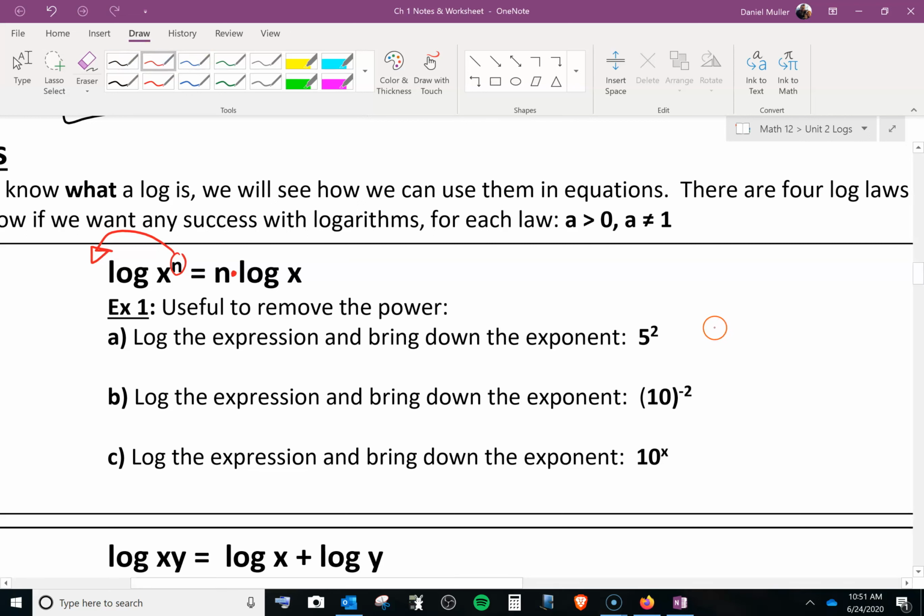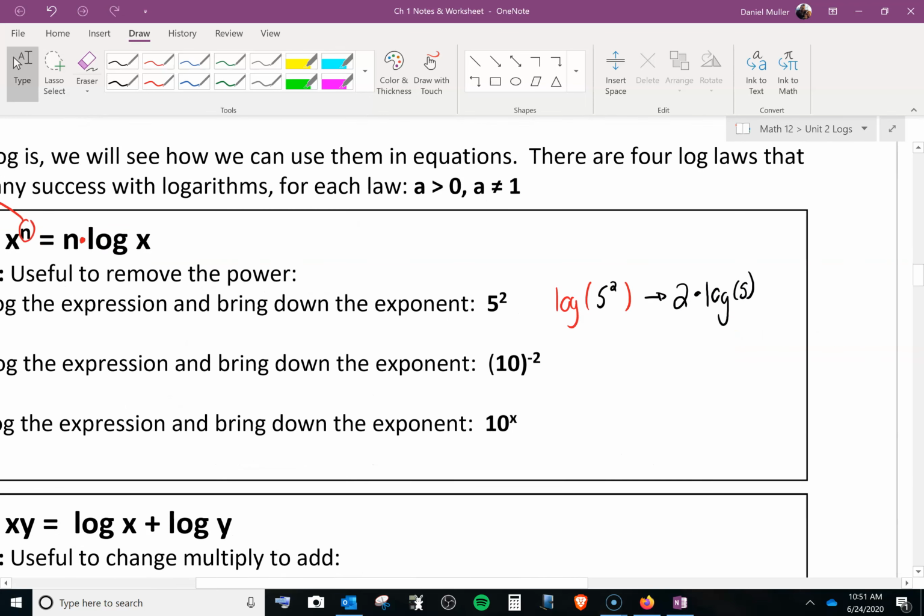If you wanted to, you could take a logarithm of both sides, so you have log of 5 squared, and then whatever's on the other side, I don't know. But this allows this thing to become a 2 times log of 5. Now you can see here, I didn't put a base, because I'm not actually solving a question right now. I don't really care, so I just left it as base 10. I didn't bother with choosing a base.